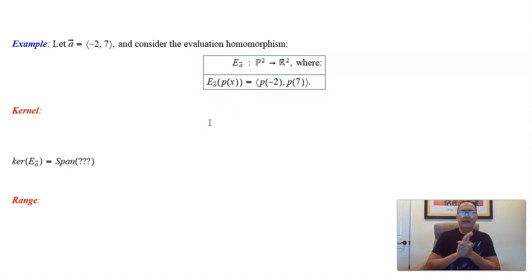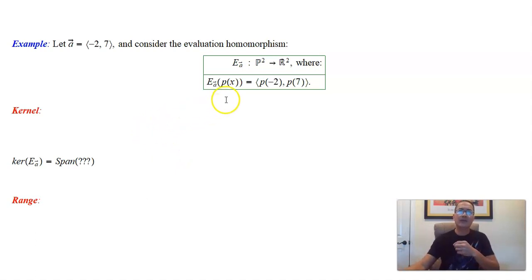And that's important because if it were all functions, we would have a really hard time describing the kernel of this transformation. So let's just focus on quadratics or linear functions or constant functions.